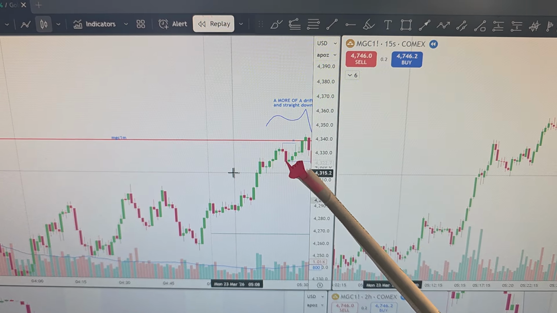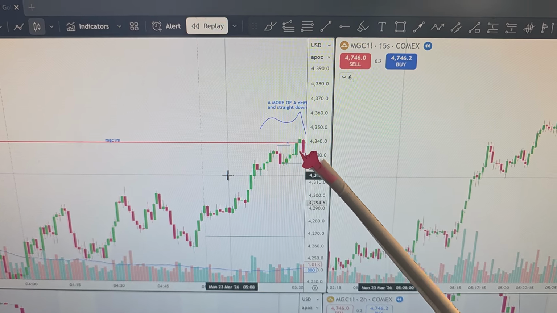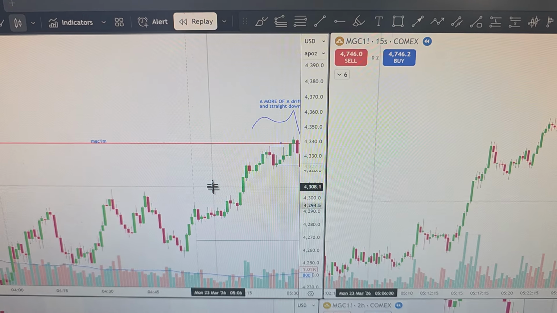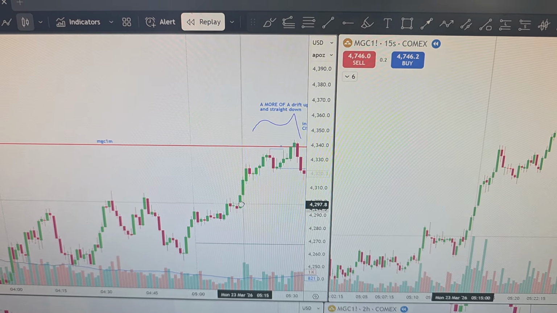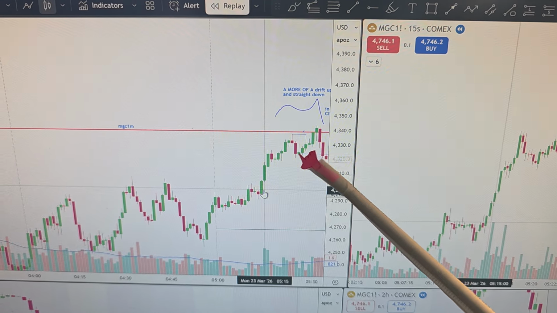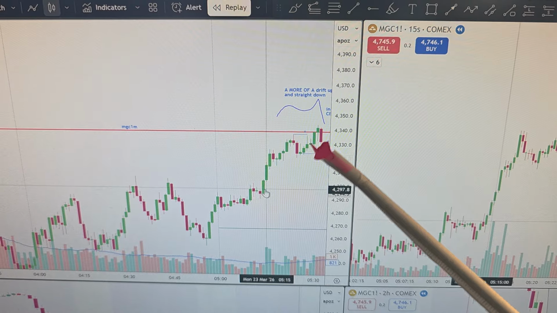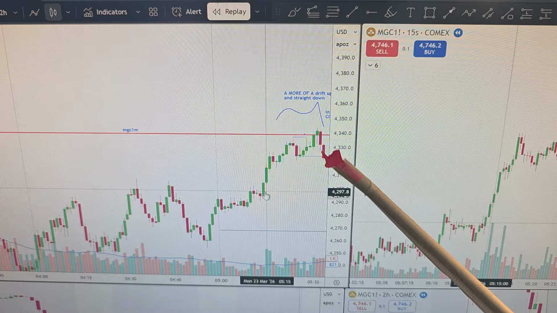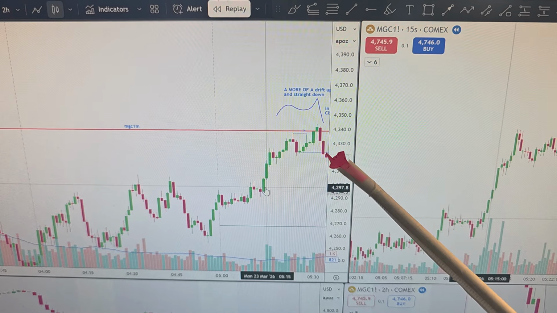See the slow drift up here and then the resounding down is what makes this an A+ SysD. The slope of this is more drifting, drift slowly up, and then bam, slam down.